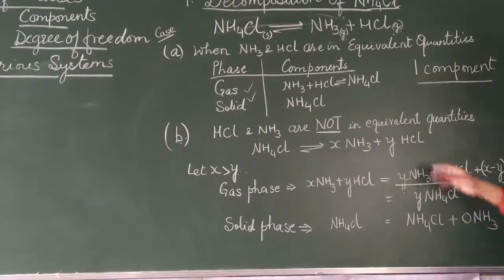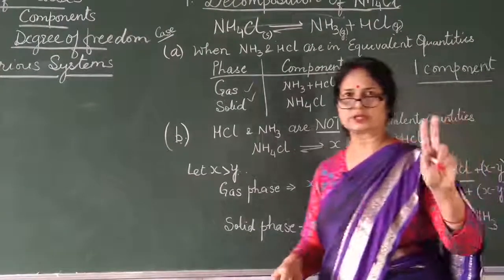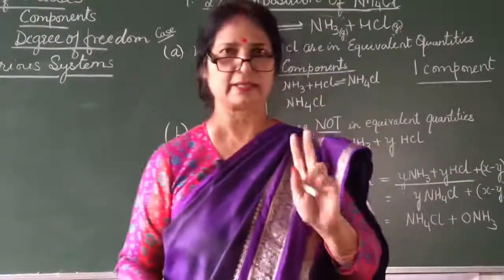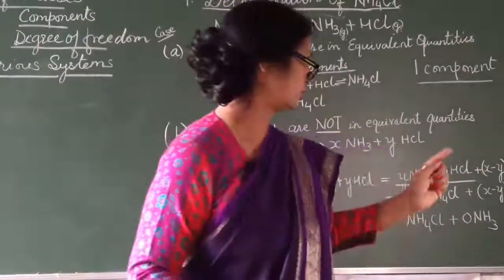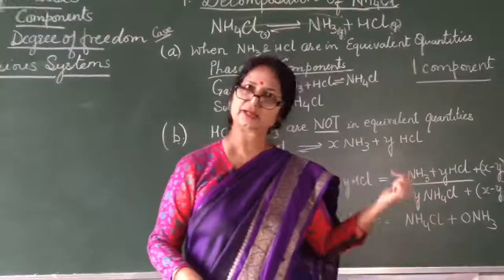Now this Y times of NH3 plus Y times of HCl will constitute Y times of NH4Cl, plus what is remaining, X minus Y times of NH3. So we are taking two chemical entities, NH4Cl and NH3.